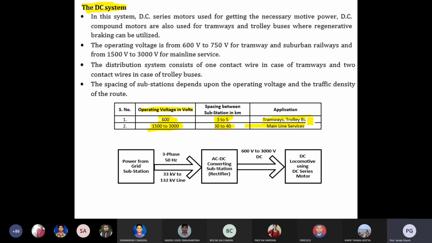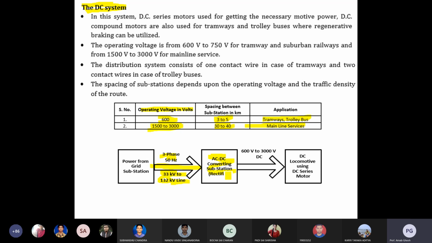Another one is your trolley bus, means normal suburban system. Okay, so where we are giving, three phase AC is there, then 33 kV to 132 kV lines. Okay, so normally from the substation you are getting those connections directly from generating substations. Okay, 132 kV. So from 132 kV you are converting to the traction substations.